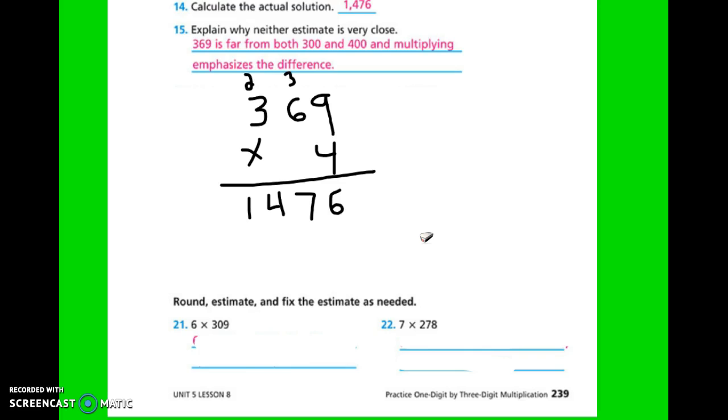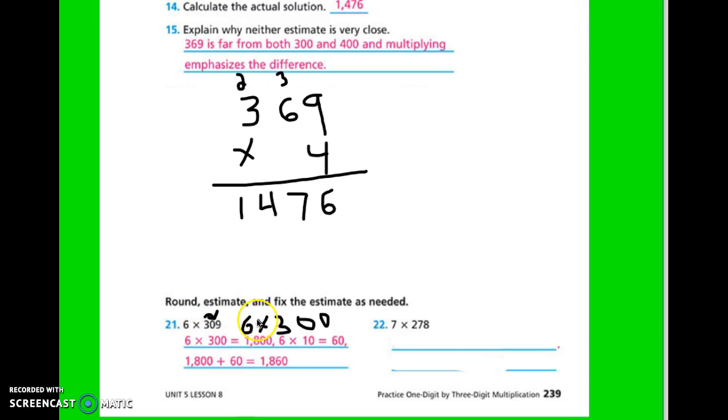So sometimes you might have to estimate in between to try to find the closer estimate. All right, so let's go ahead and try this one on your own. First we're going to do 6 times 300, which we got is 1,800. Now you'll notice that it was actually at 9. So instead, let's try doing 6 times 10, because we know from what we learned with our area model that I can break it apart a little bit. So if I pretended this was 310, if I did 6 times 310, I could break it apart.